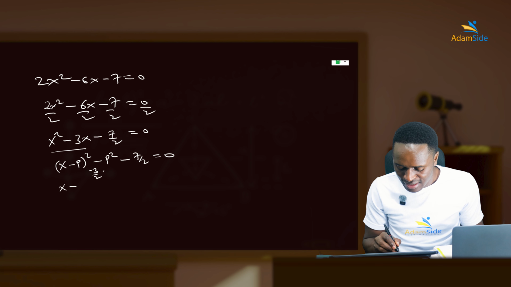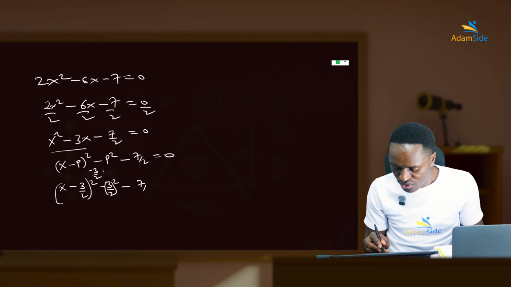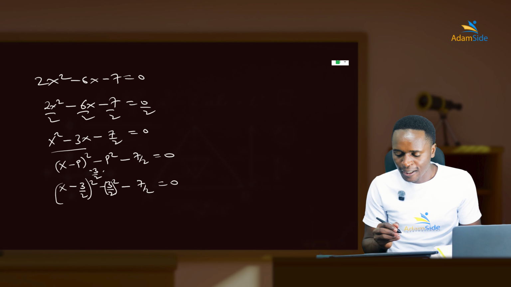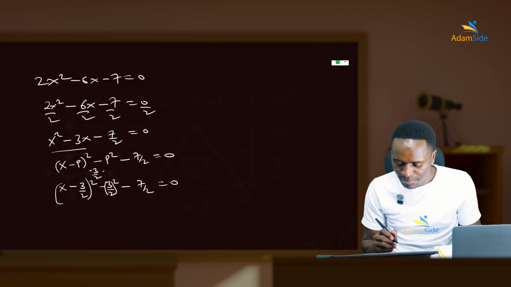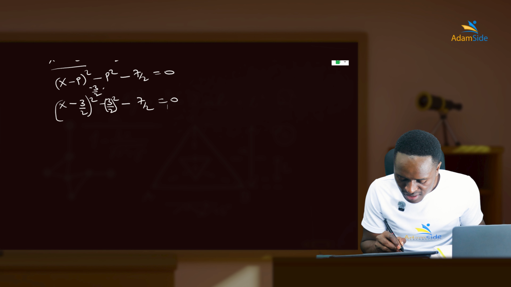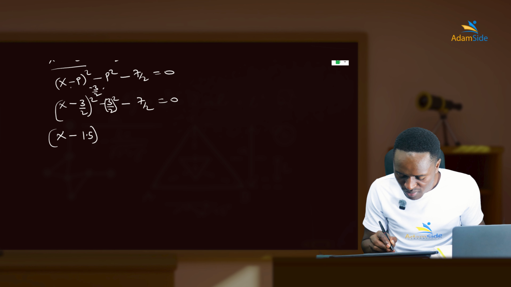So it is x minus 3 over 2 squared minus 3 over 2 squared minus 7 over 2 is equal to 0. Then the next step: x minus 3 over 2 is 1.5, squared, minus 1.5 squared is 2.25, minus 3.5 is equal to 0.